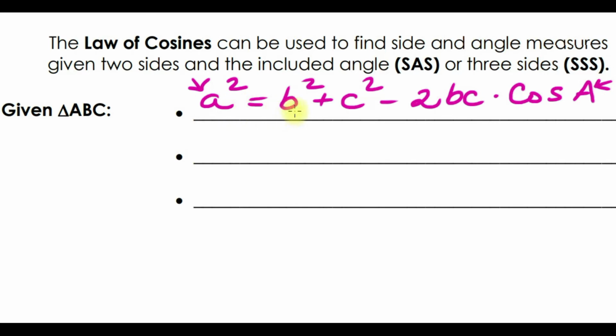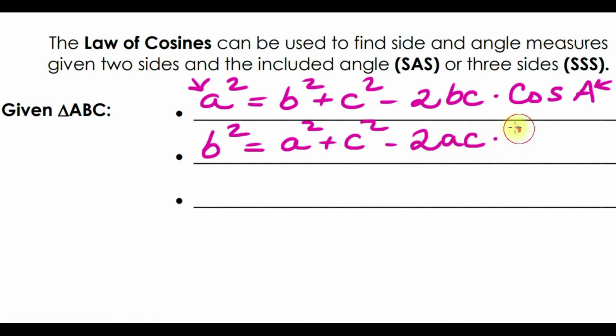So to find side A, you have to be given angle A. And then the other formula is b squared is a squared plus c squared minus 2ac times cosine angle B. To find side B, you can use this formula or you can use it to find angle B given three sides.